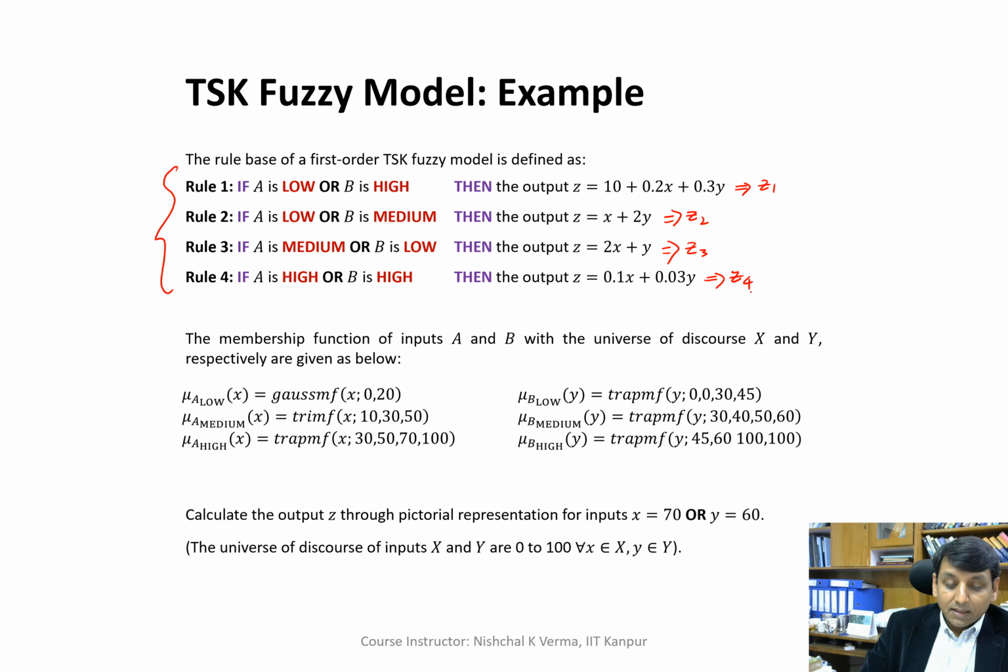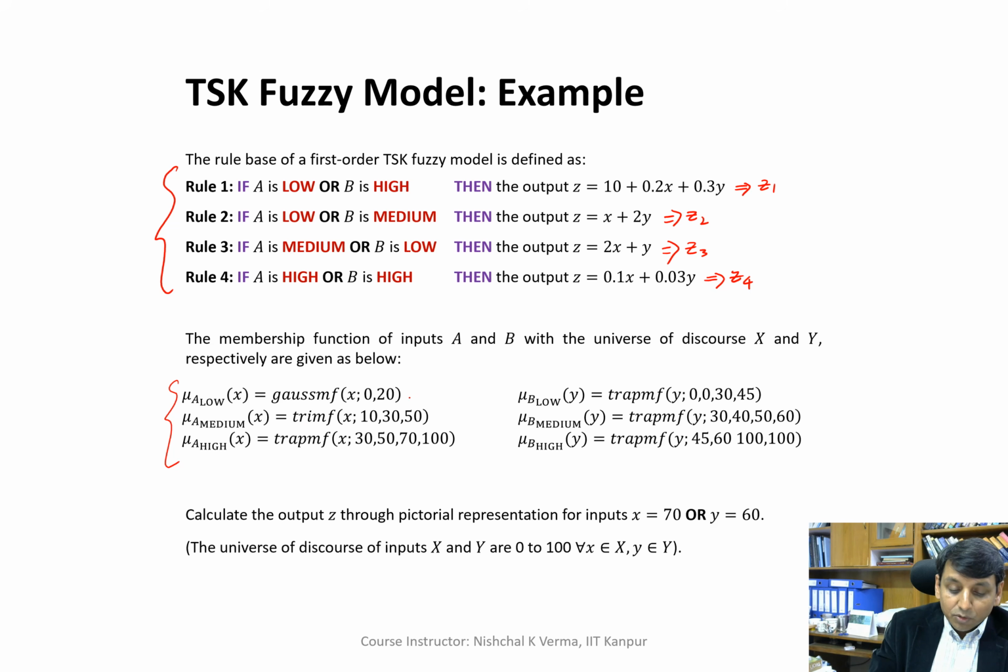And then we see that the fuzzy regions mentioned here in the rules for A and B basically have 3 fuzzy regions, and each fuzzy region is represented by fuzzy sets characterized by the membership functions mu A low, mu A medium, mu A high.